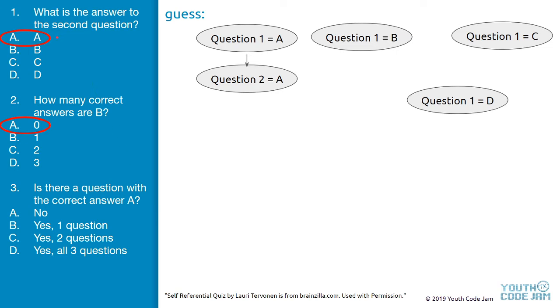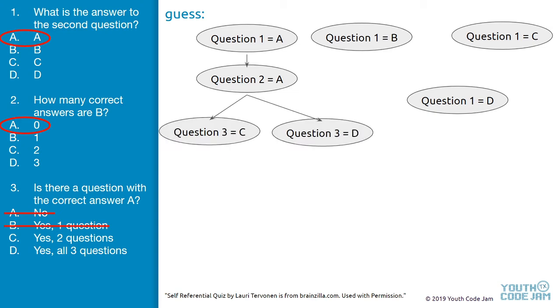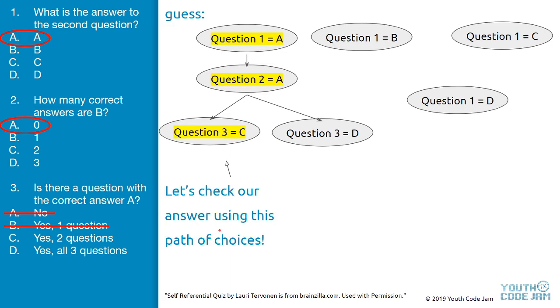I see 1, I see 2, so yes, 2 questions, which means that question 3 has got to equal either C or D, because we don't know if this one's going to be A yet. So at least 2, right? But we're not sure about 3 yet. So I'm going to guess that this is the correct answer, and we're going to trace down this line of the tree and see if these answers make sense together.